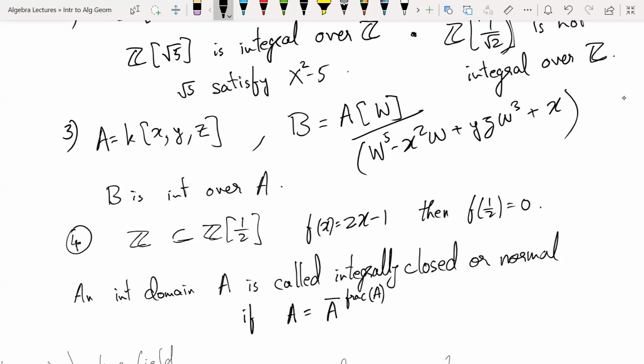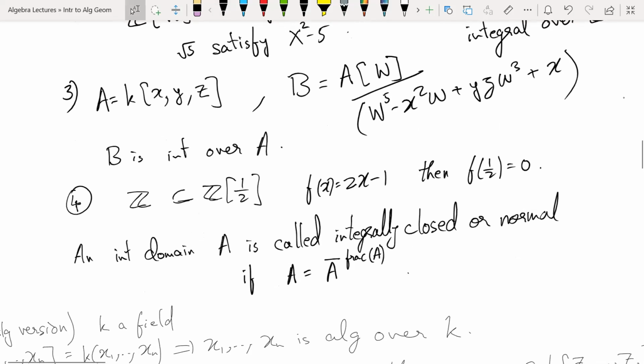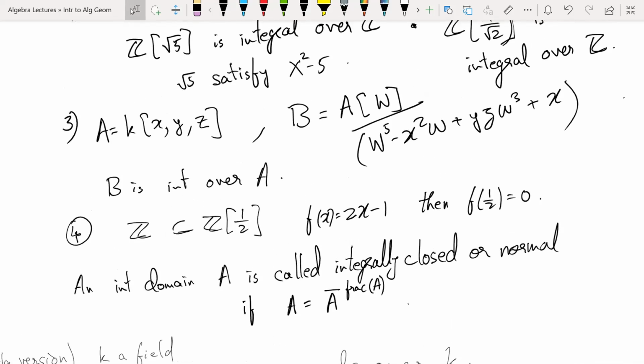This is not difficult to prove, so one can assign it as homework: if A is an integrally closed ring, or a normal ring, B is a ring extension of A, and alpha is an element of B, then alpha is integral over A if and only if its minimal polynomial, the polynomial of least degree satisfied by it, is monic.